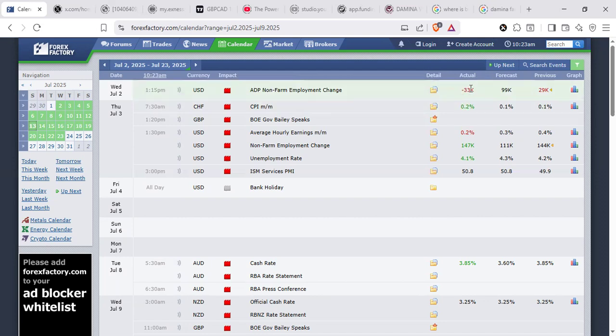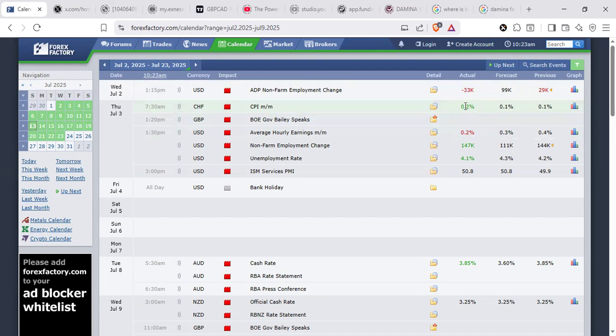So the impact of this news on the dollar will be that the dollar will sell. It will be affected in the negative. So it's going to sell. Now, in the second one, CHF, CPI month on month, you now see that it's 0.2% and it's in green.